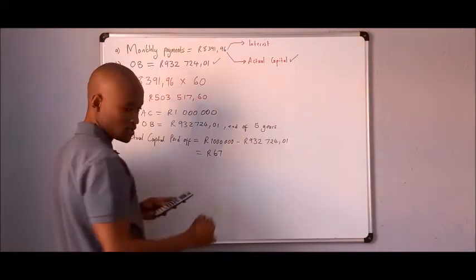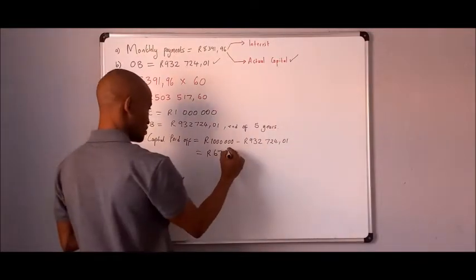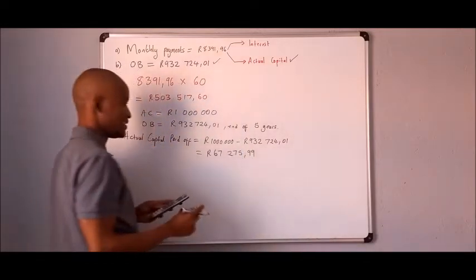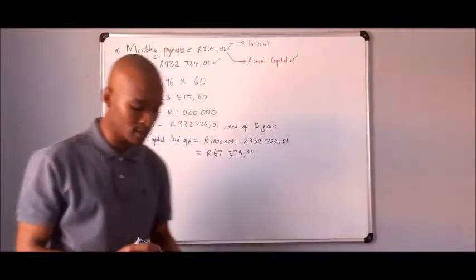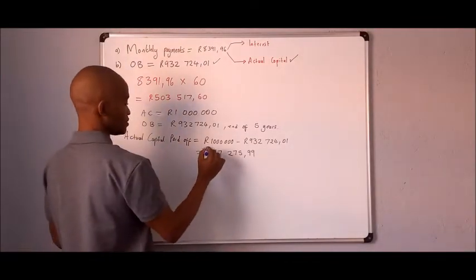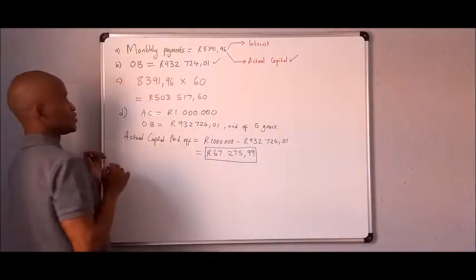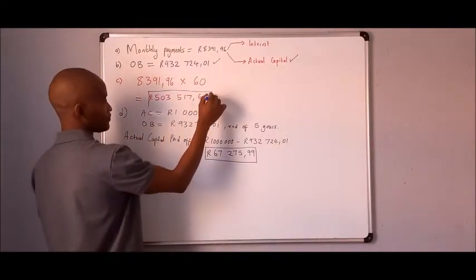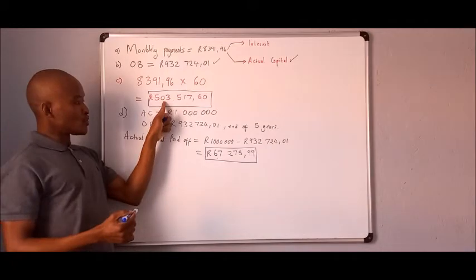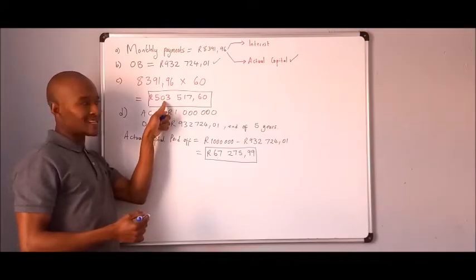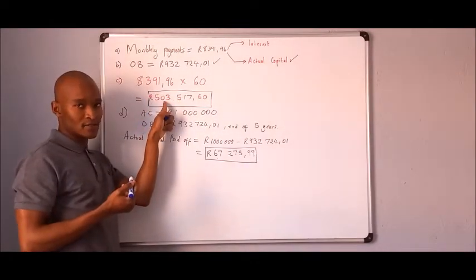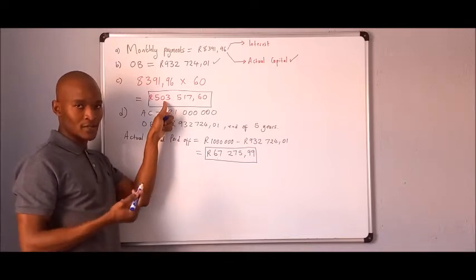It gives us 67,275 rands and 99 cents. So if you compare this amount to what we have just calculated, this amount is in that. 67,275 rands and 99 cents is included in that amount paid after 5 years towards the settlement of the loan.